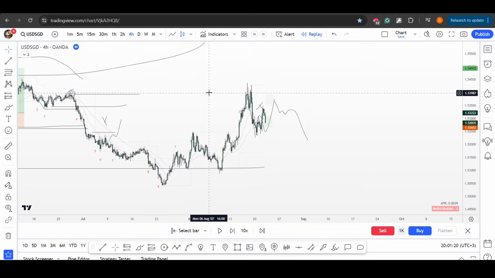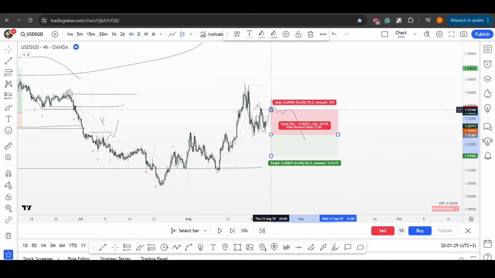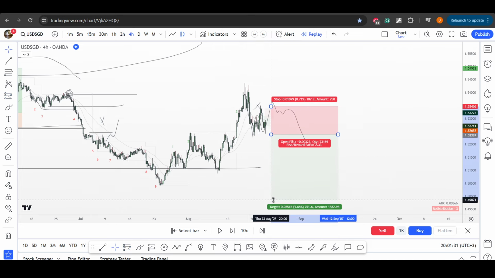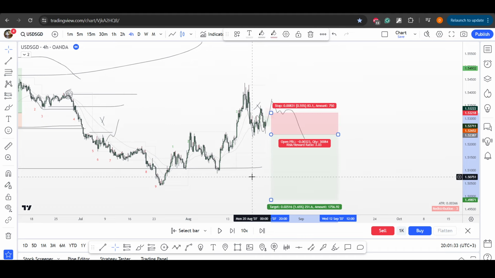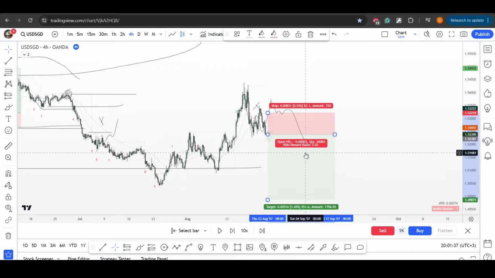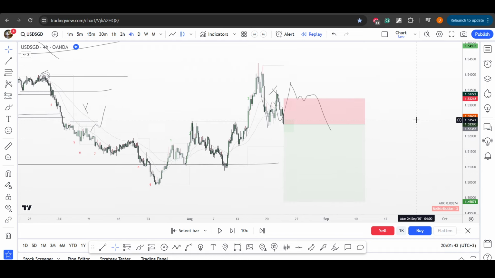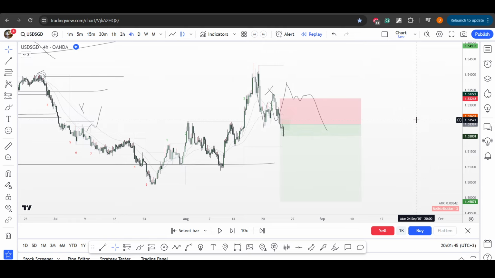So we are breaking to above. And if we break these lows, I would like to enter somewhere here. So we are definitely triggered, I guess. So triggered here.